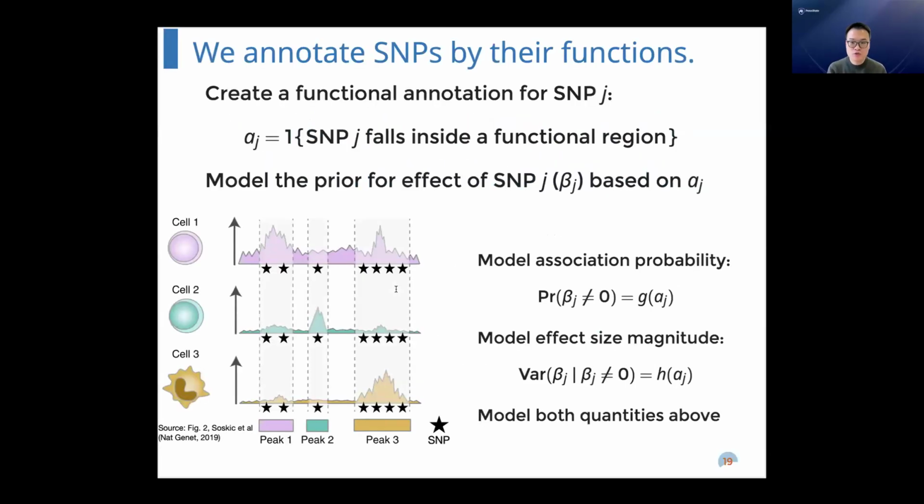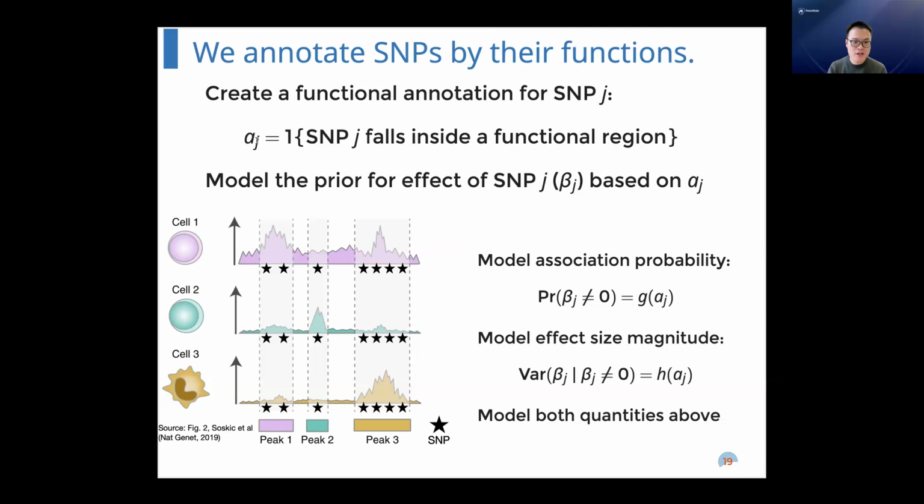So in order to introduce this kind of variation, I need to define some kind of functional annotation for each SNP as the foundation. So the functional annotation here is essentially a binary annotation for each SNP-J, indicating whether the SNP-J falls inside any functional region of interest. So AJ equals 1 if yes, and 0 otherwise.